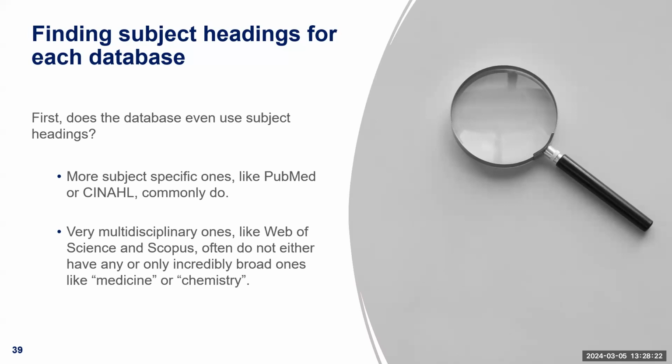Very multidisciplinary ones, however, like Web of Science and Scopus, often do not, or have incredibly broad ones like medicine or chemistry. They often don't have a controlled vocabulary that has been applied across all of the literature that they include.